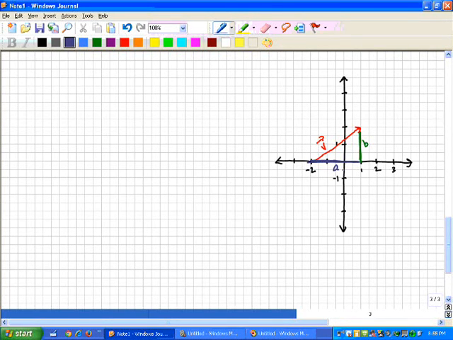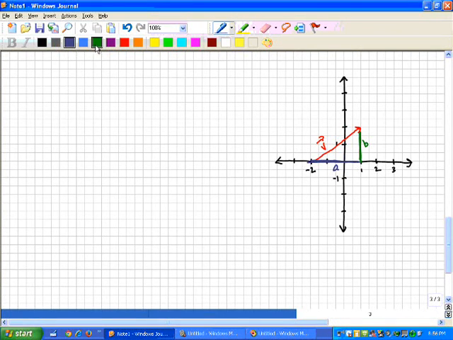The horizontal component is the distance that we travel with direction. To the right would be a positive value for A. If we travel to the left, it would be a negative value for A. Same with the vertical component. If we travel up, it's a positive value for B, and to travel down is a negative value for B.